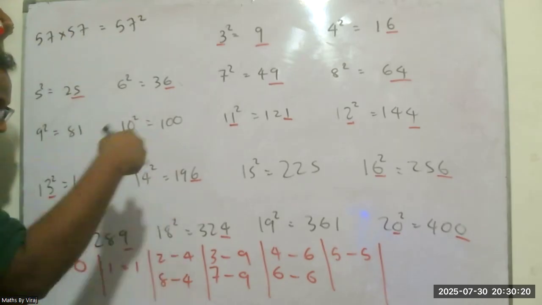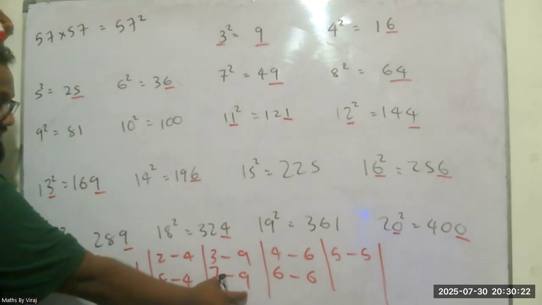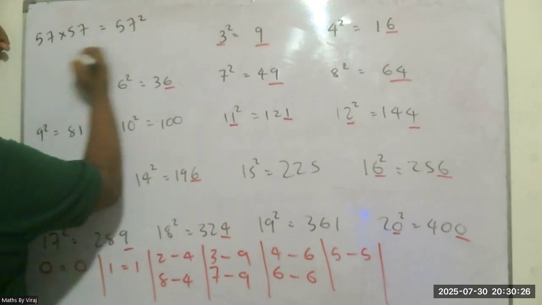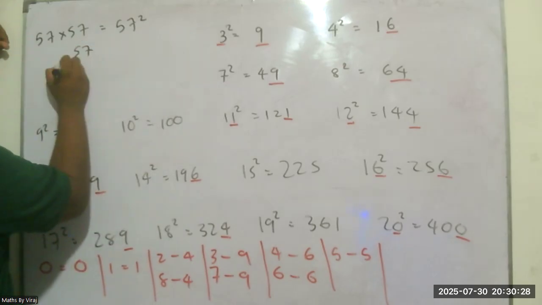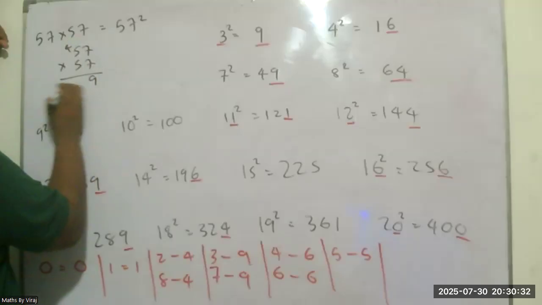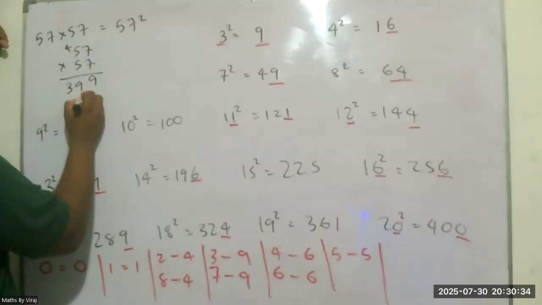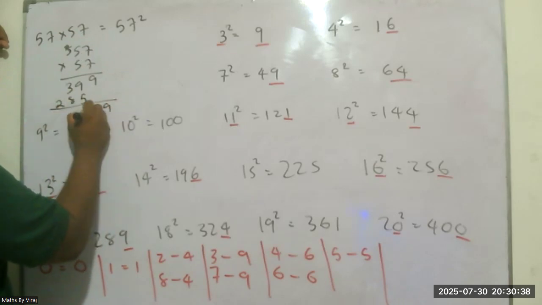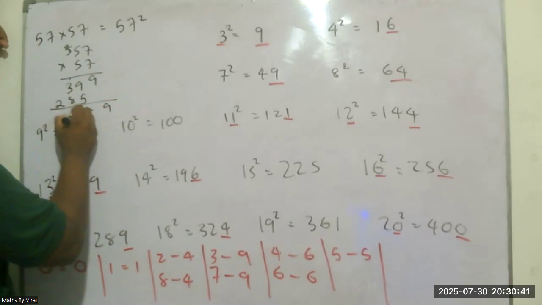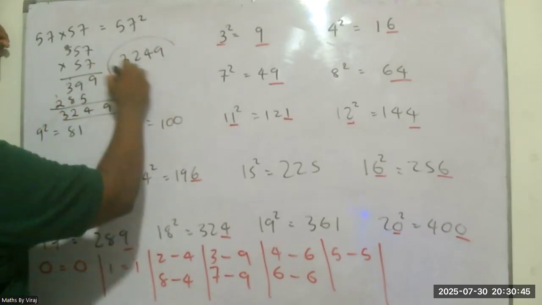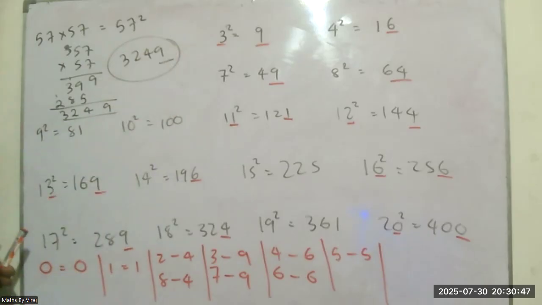And the square number should end with a what? 9. 57 times 57. 49, 35, 35, 25, 3249. Did it end with a 9? Yes, it did.